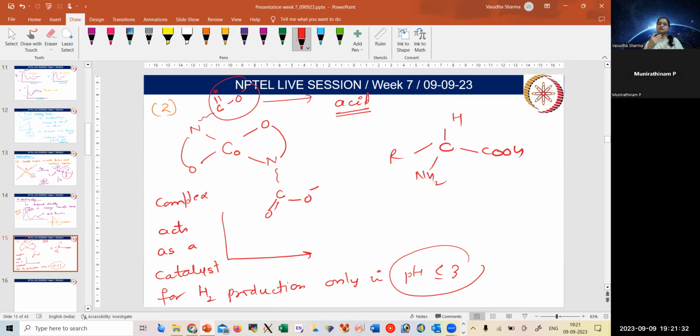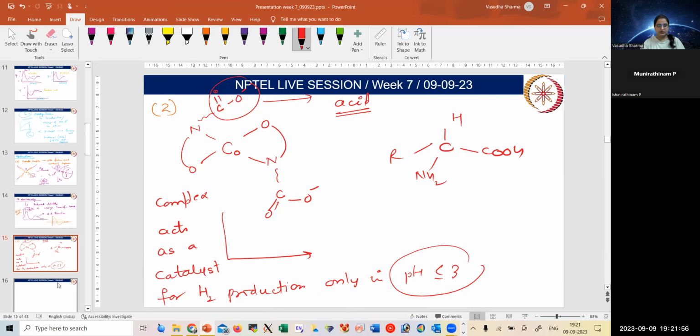So we need to synthesize complexes which can act as catalysts for this system. We said that it is acting as a catalyst, but why at a particular pH? Firstly, we'll understand why we have mentioned pH less than or equal to 3, and also how CD spectroscopy helps in identifying that this catalyst is working at this particular pH.